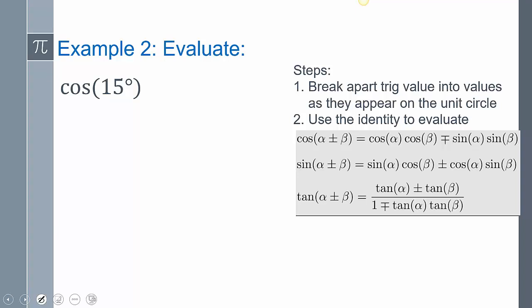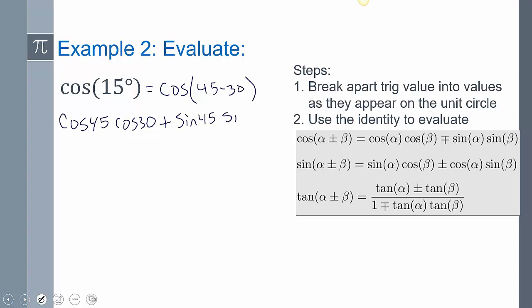For cosine, now 15 is not on the unit circle, but I can break this up into 45 minus 30. So this will then be cosine alpha, cosine beta. Now the sign switches, so now that's plus, and then sine alpha, sine beta, because this is my alpha, this is my beta.